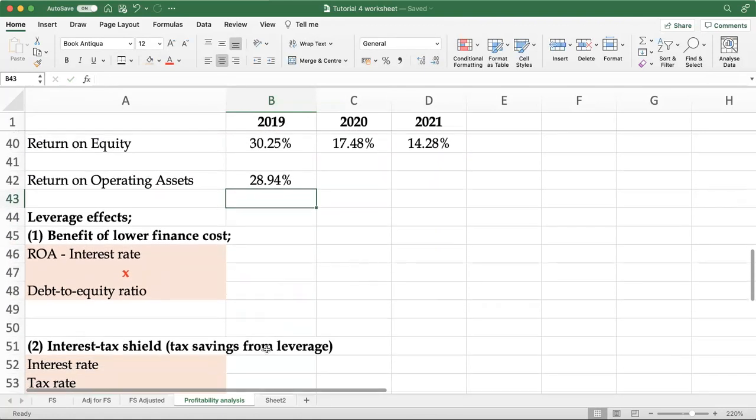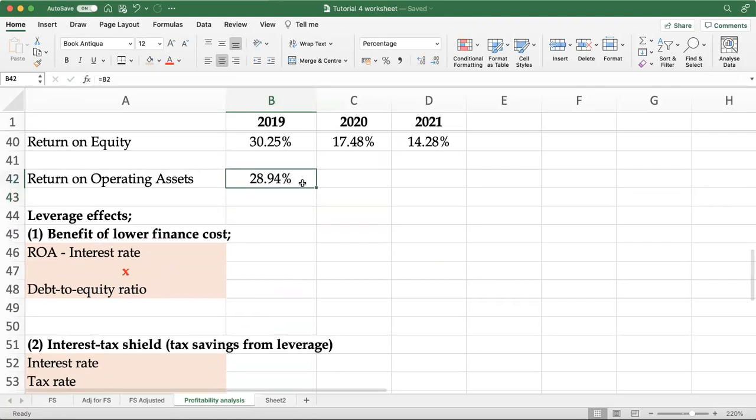You can simply take the values here. You see ROA is declining. As a result, ROE is declining.